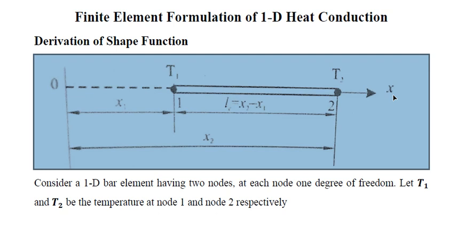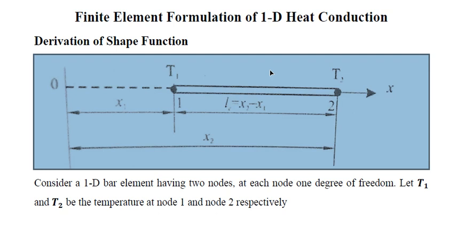We have taken a 1D element and we are dealing with one dimensional analysis, which means heat flows in one direction. That is known as 1D analysis. The element can be 1D, 2D or 3D, but heat transfer is only in one direction.